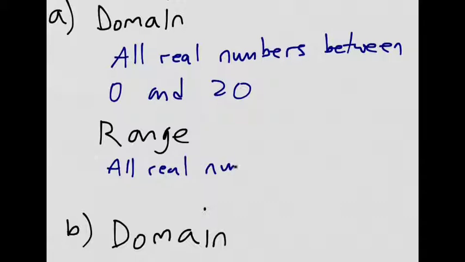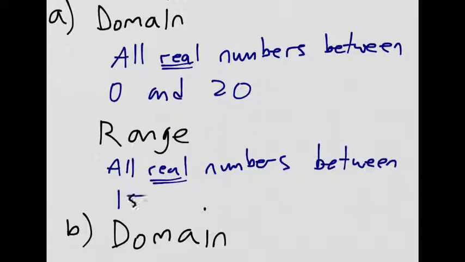All real numbers. It's important you say that. Real means something very significant. Between 15 and 208. Okay? All possible numbers, every conceivable number between 15 and 208 represents the range in this case.